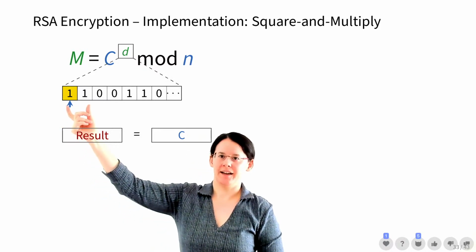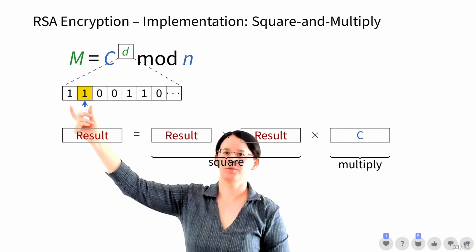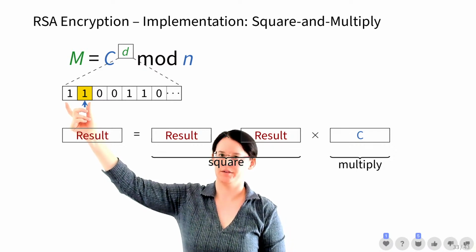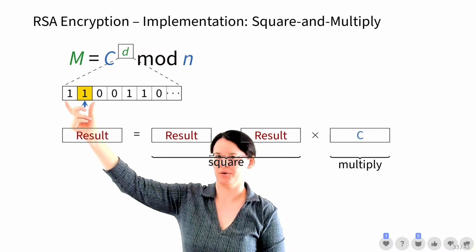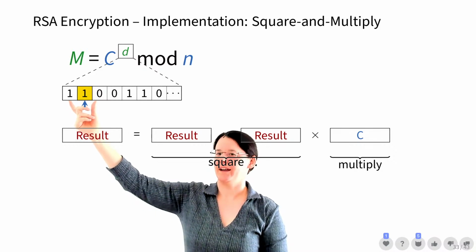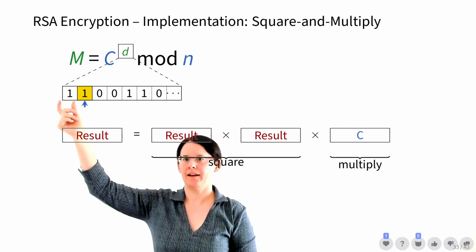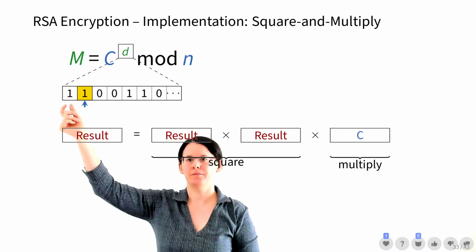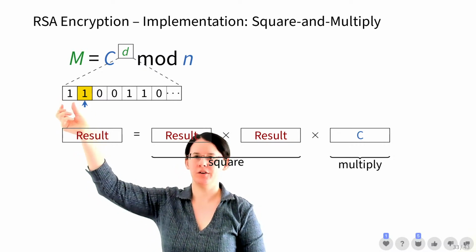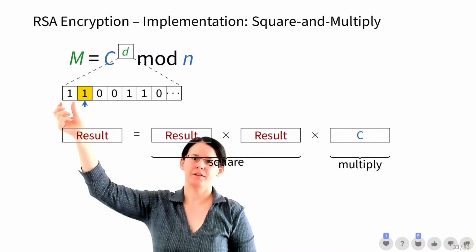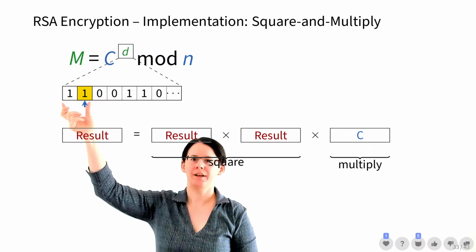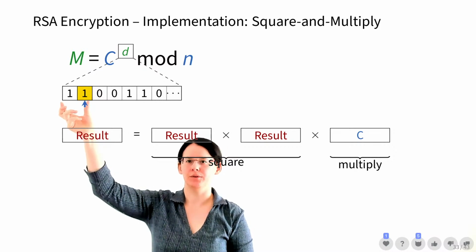Now let's have a look at the next digit. Let's compute c to the power of 10, in other words. Well, we can actually use the result we already have and extend it. Let's ignore the other bits for now and just look at the first one. If we have c to the power of 1, how do we get c to the power of 10?